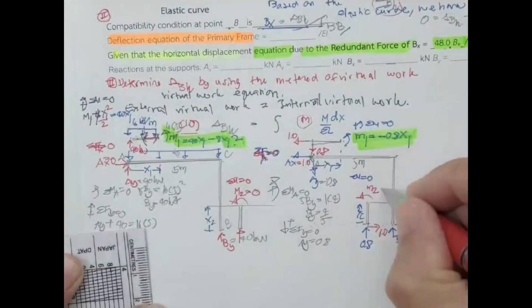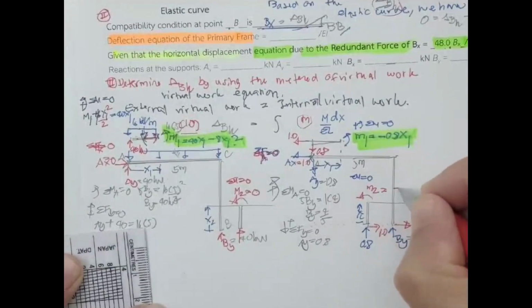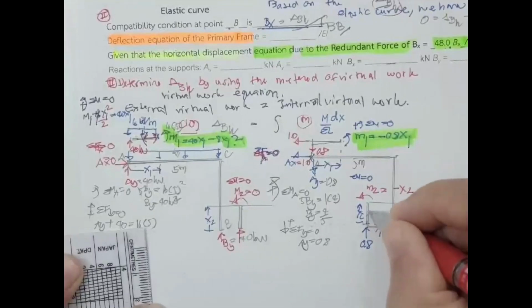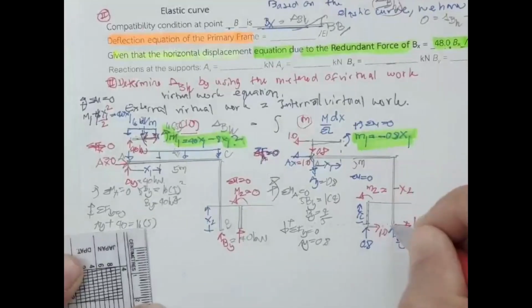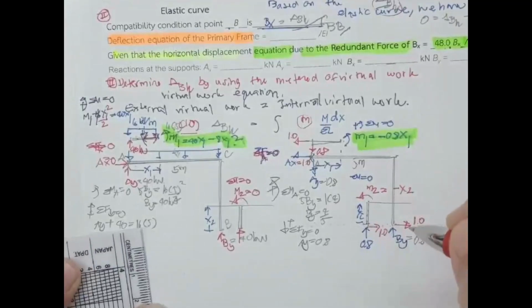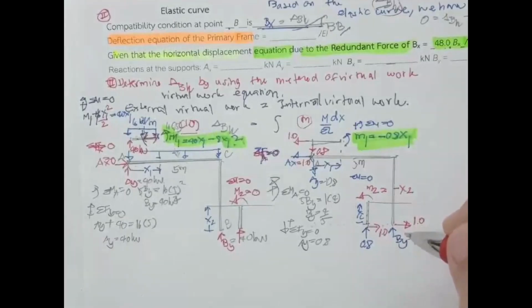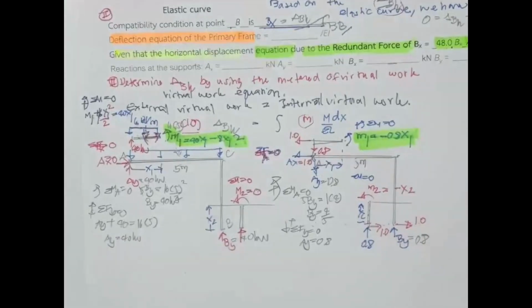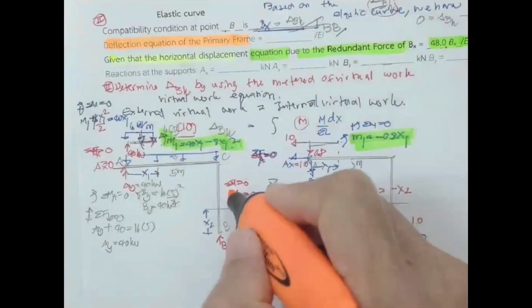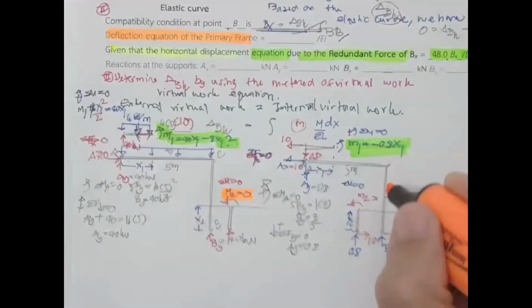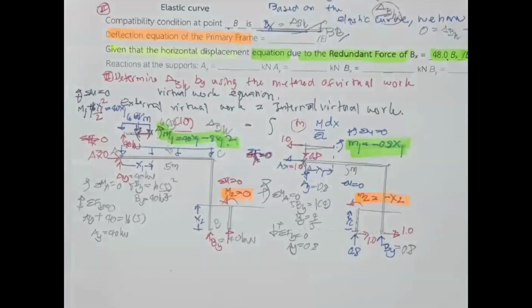Rotating in the same direction is going to be minus x2, right? This provides no moment and this one is going to provide you with the x2. That's correct. Okay, it should be okay. And then just put this one to be 0, this one to be minus x2.